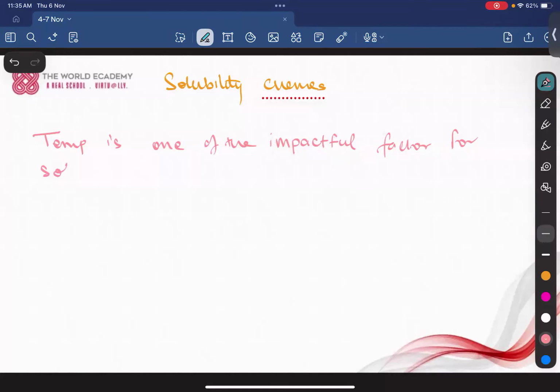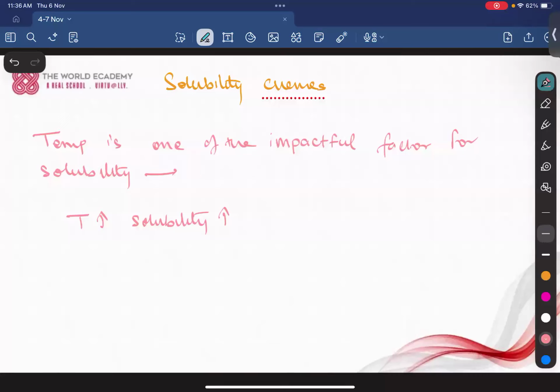If you increase temperature, we will expect that the solubility will increase. Correct? Yes or no? With my example, you will see that when you are dissolving a particular thing and you are increasing the temperature, the solubility is increasing.